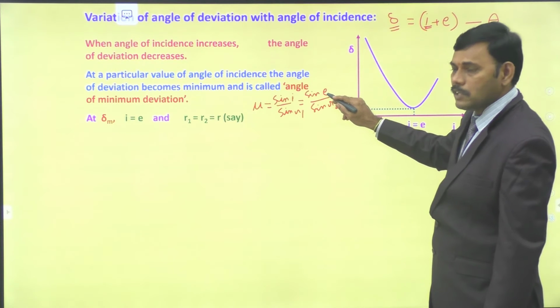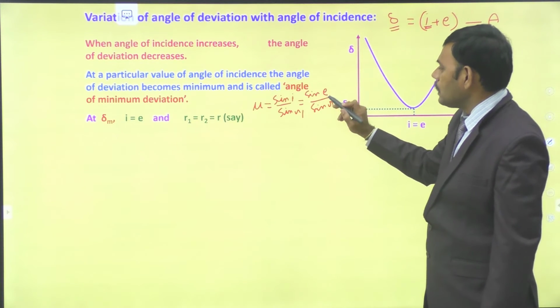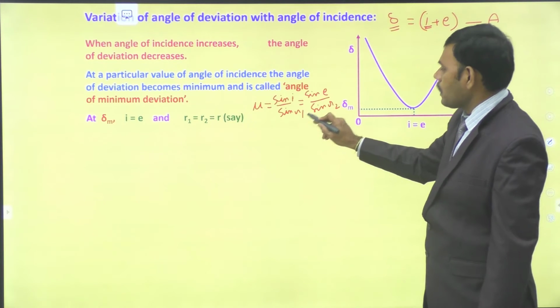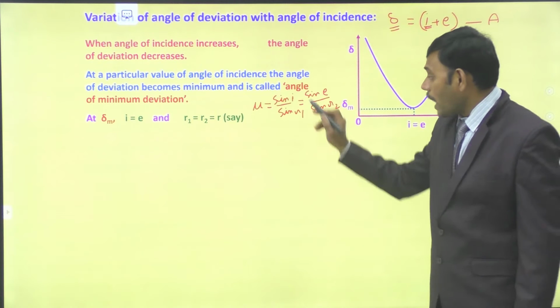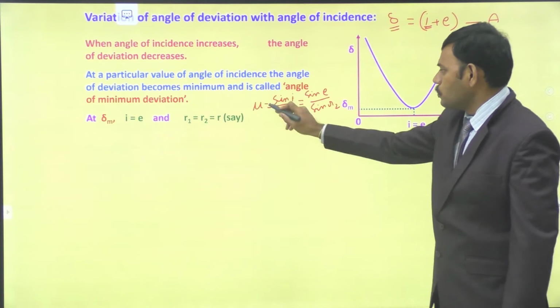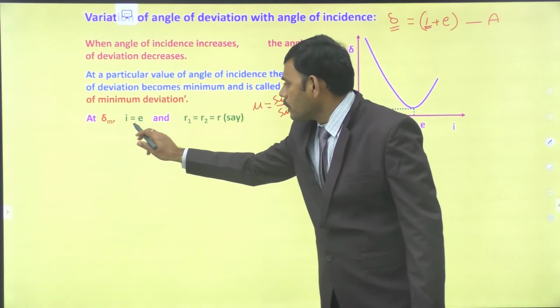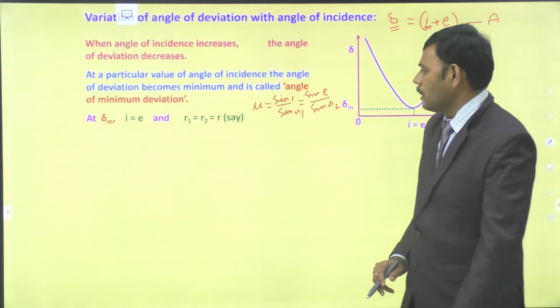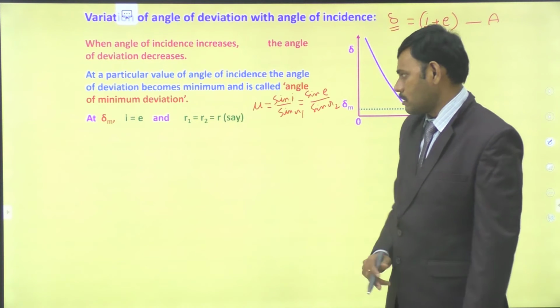At the second refracting surface, mu is sin E by sin R2. If I is equal to E, definitely sin R1 is equal to sin R2, so R1 is equal to R2. If I is equal to E, R1 must be equal to R2 as mu is constant. Therefore, at minimum deviation, the incident angle is equal to the emergent angle, so that R1 is equal to R2, let it be R.